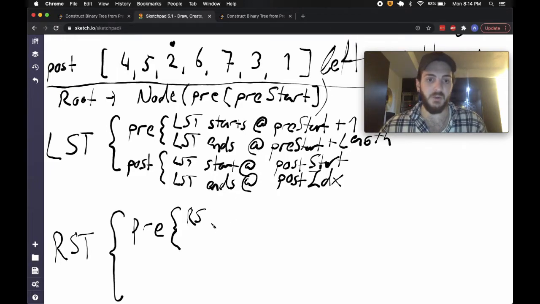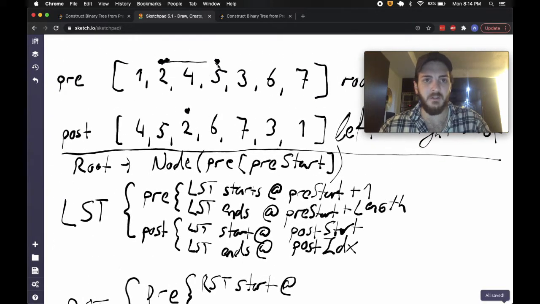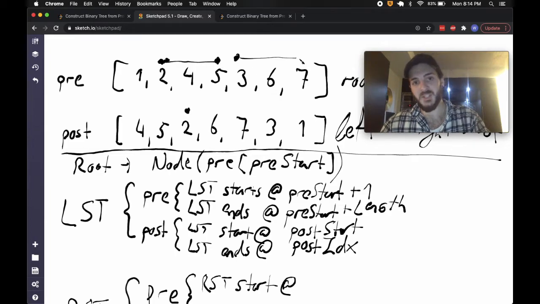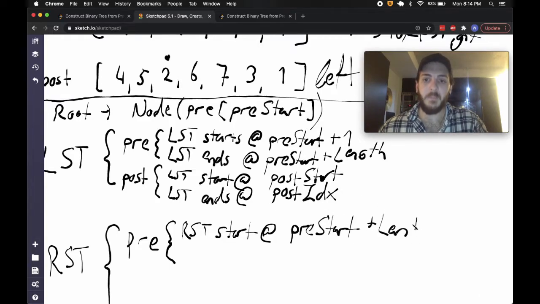So our right subtree, we said it's going to start at, well, if this one ended at pre-start plus length, so our left subtree, we know ended right here, goes here. So if this was the end of it, then we know our right subtree must start right afterwards by 1 unit. So it's going to start at pre-start, like we had up here, plus length, plus 1.